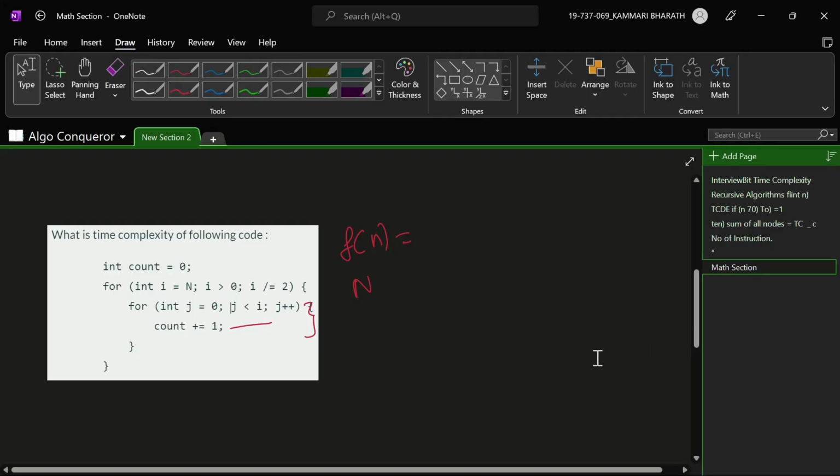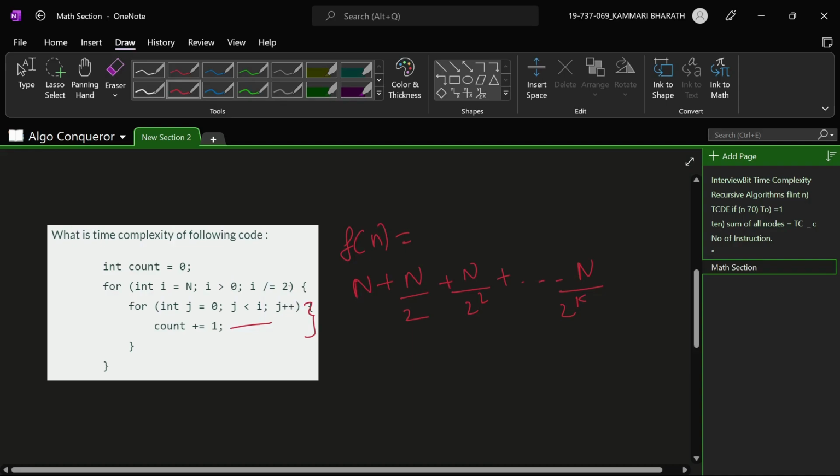Sorry, I got a bit confused there. Initially I is n, so this loop executes for n times. Then I becomes n by 2, so the inner loop executes for n by 2 times, and n by 2 square times, and so on until n by 2 power k times.